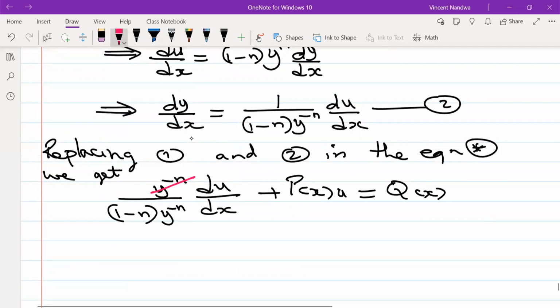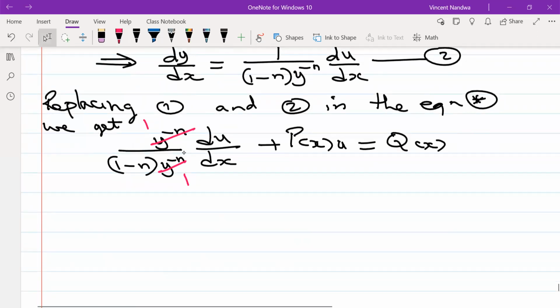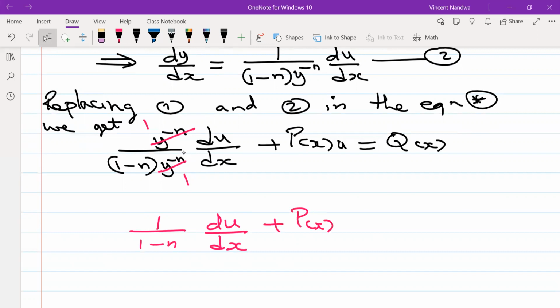Then you see this and this cancel out. So we have 1 over 1 minus n du/dx plus p of x u equals q of x.